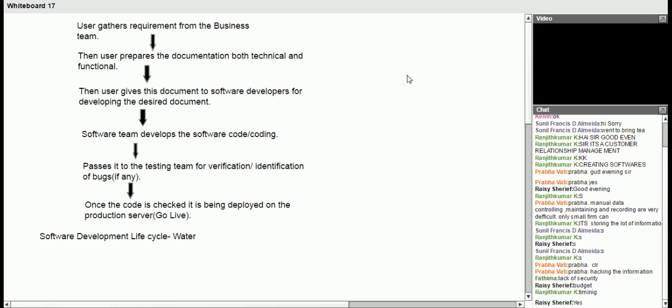One is the waterfall model, another is the agile process, another is etc. There are also other models, but commonly used nowadays are the agile process or the waterfall model.